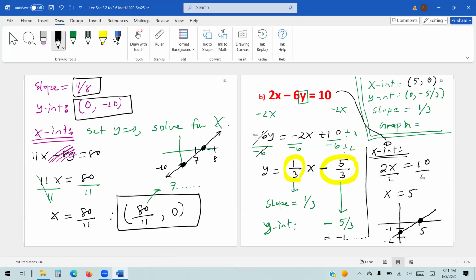Question? 1/3. We have negative 2 divided by negative 6. The negatives cancel out. We have 2/6. Now both 2 and 6 are divisible by which number?